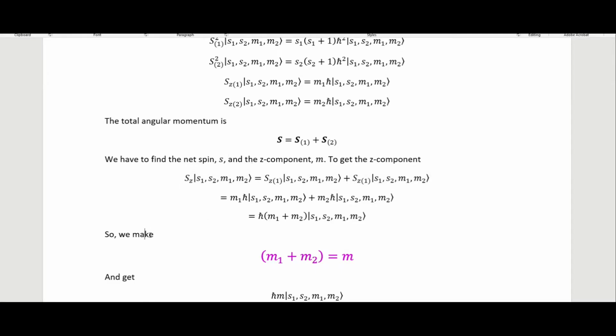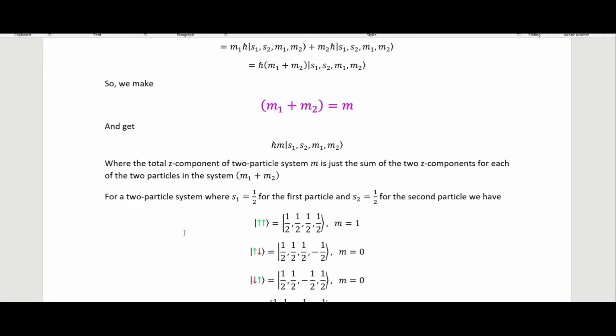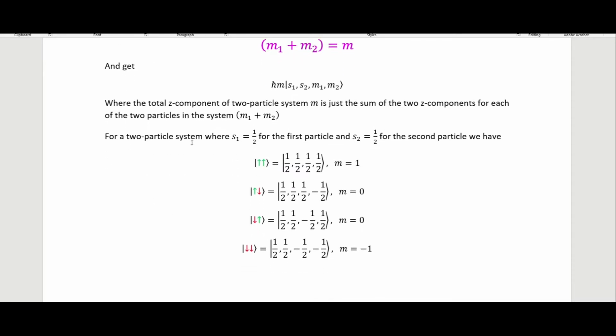And so the rest of it is a lot of just bookkeeping and finding out the eigenvalues and things like that. So the total z component of the two particle system, M, is just the sum of the two z components for each one. So for a two particle system where we have S1, so the spin 1 is equal to a half and the spin 2 is equal to a half.